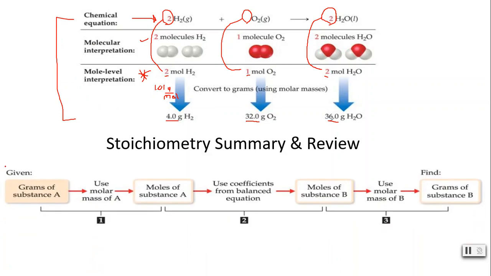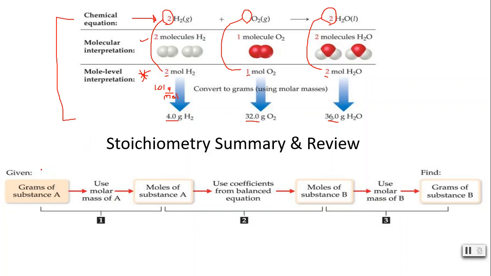This second cartoon summarizes the steps that we can use from a balanced chemical equation to do stoichiometry calculations, or basically calculate amount of product given a particular amount of reactant. So let's say I had grams of some substance A, like in this case hydrogen.